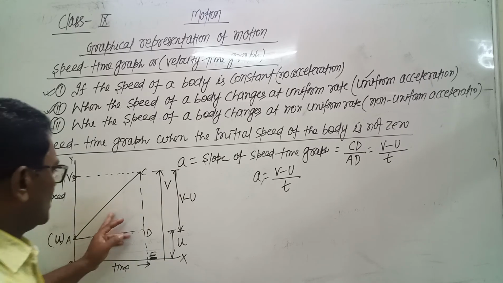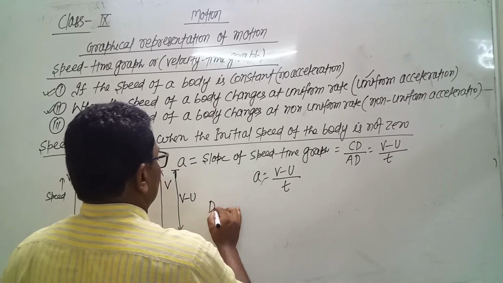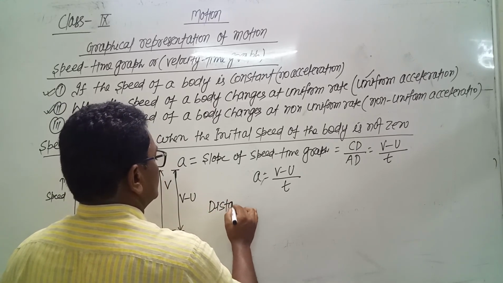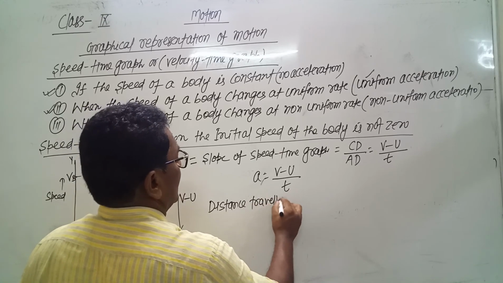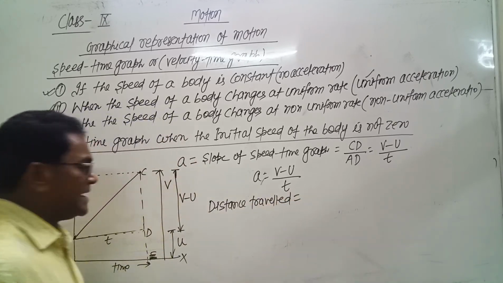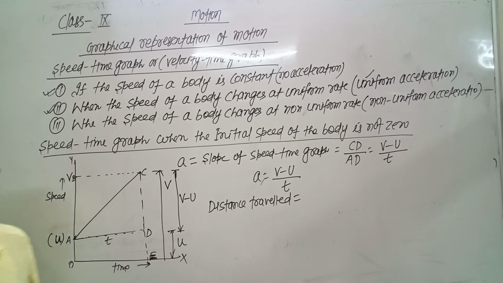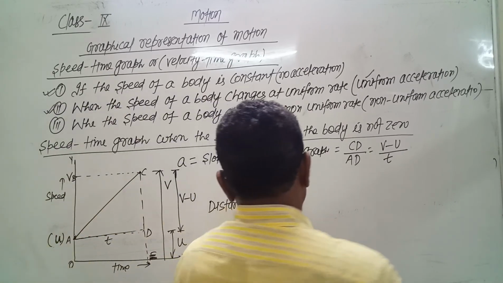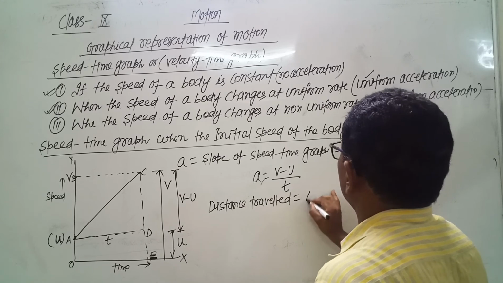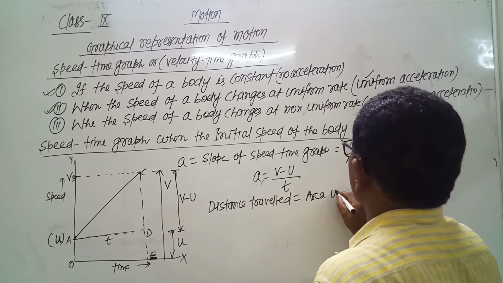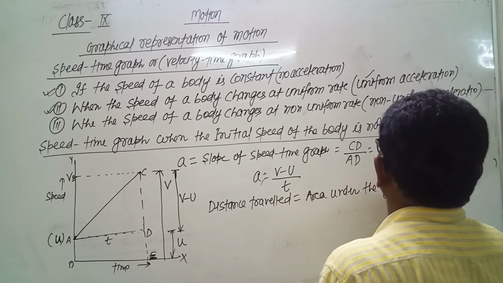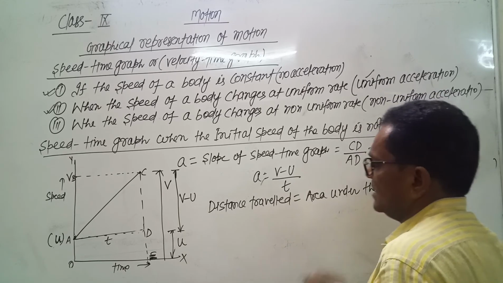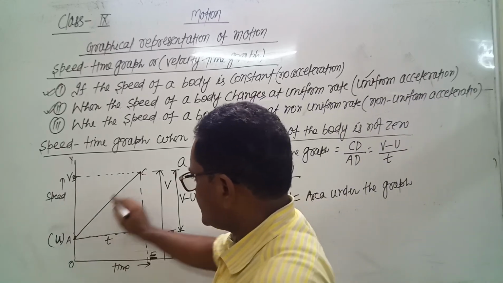Now distance traveled is calculated by finding the area under the graph. Already we have seen distance traveled must be equal to area under the graph. And the graph is AC.